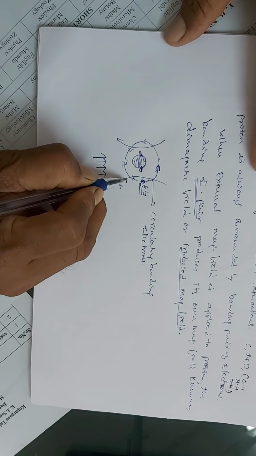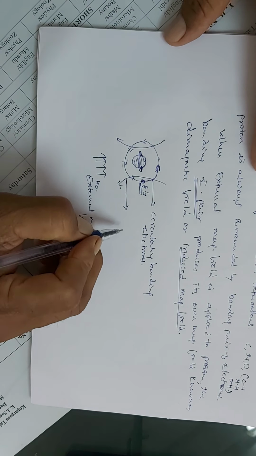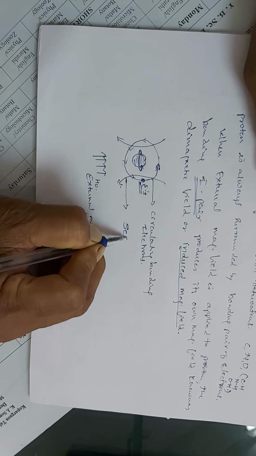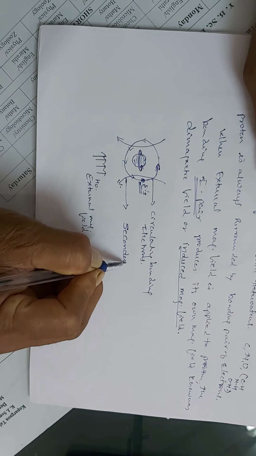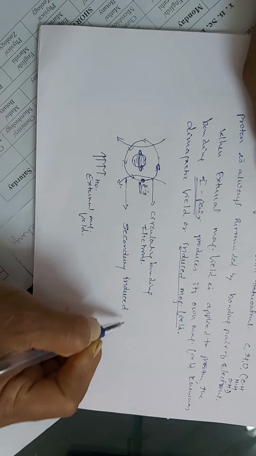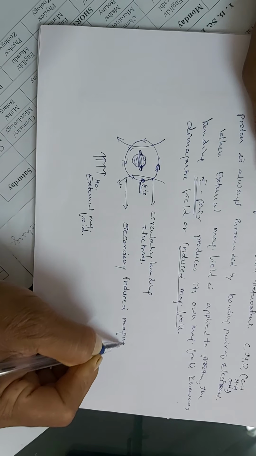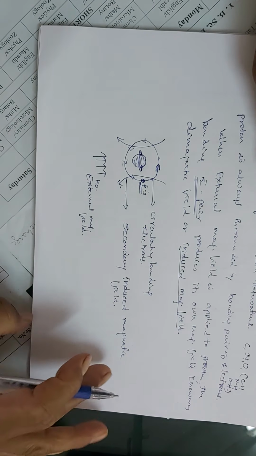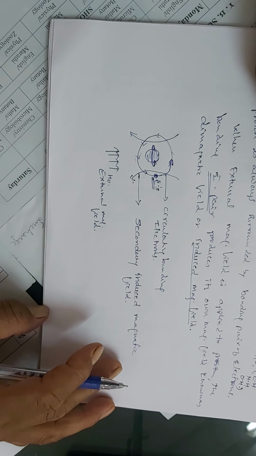This magnetic field created by the circulation of electrons is called the induced magnetic field, or the secondary induced magnetic field.